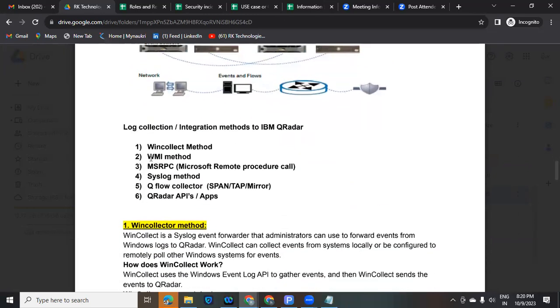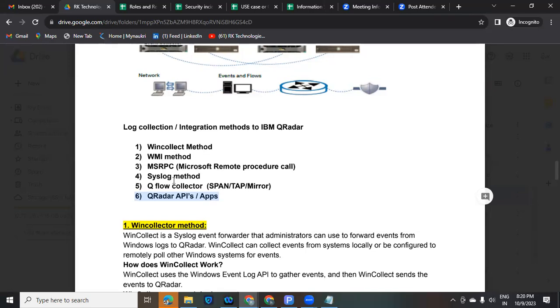Okay. So after that, log collection from the IBM QRadar side. There are different types of log collector agent methods it will support. The sixth one you can ignore, the apps method, it is not supported by IBM QRadar. One is the collector agent method. Second one is the WMI method. Third one is the MSRPC method.